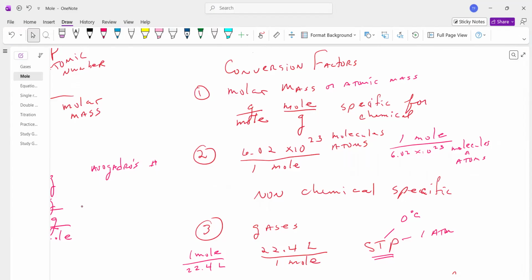And what's the commonality between grams and number of molecules? It's moles. Moles, think of moles as the glue, the pegadura of chemistry and physics and engineering.